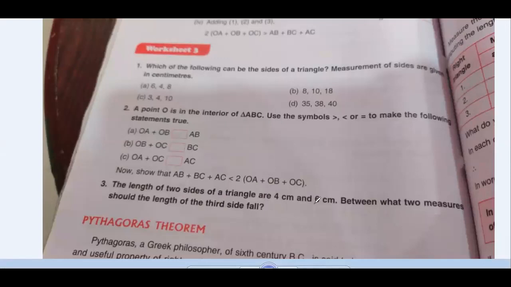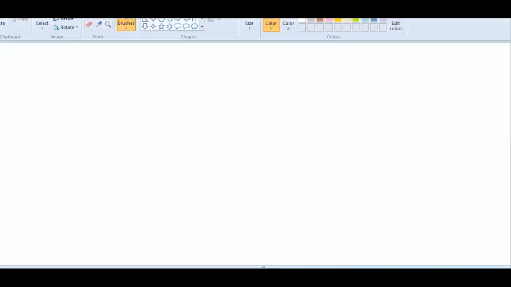For a side of a triangle, do you have some kind of small sticks, like broomsticks, in your home? Like ice cream sticks? Yeah. Three small sticks.